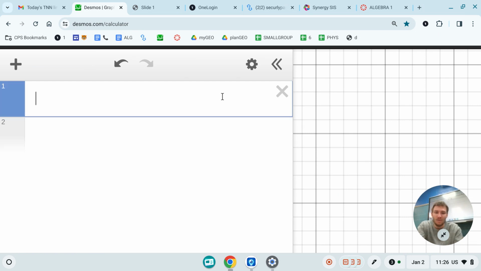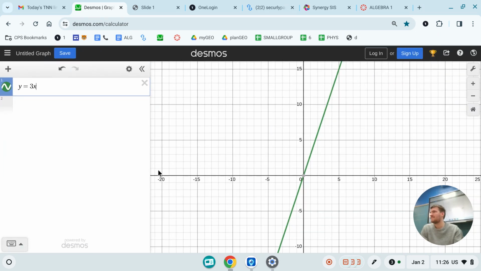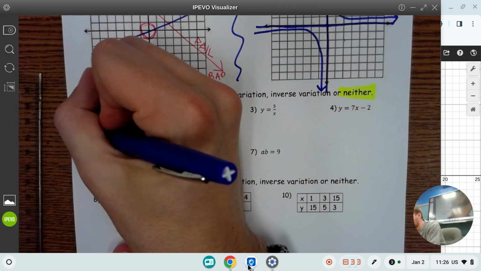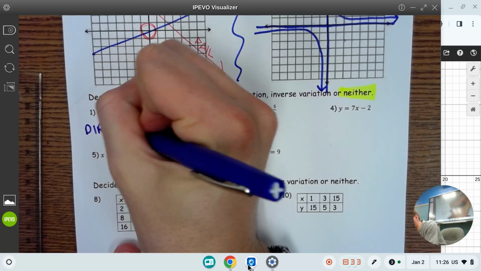I've got y equals 3x. What do you think about number one? Does this look direct? Does this look inverse? Or does this look neither? It should be painfully obvious which one number one is. This is a direct graph.